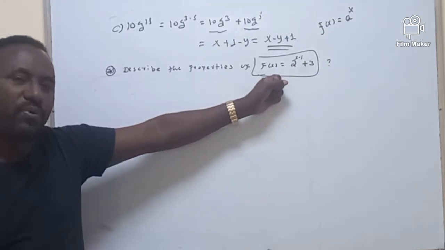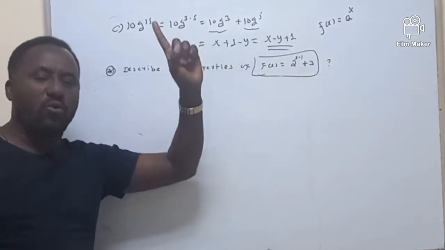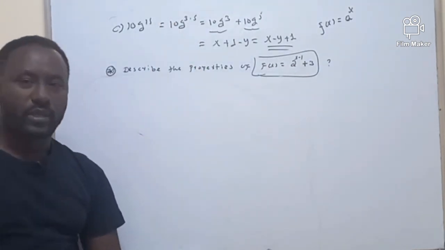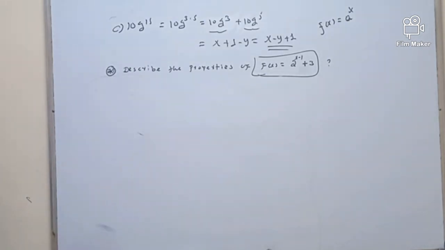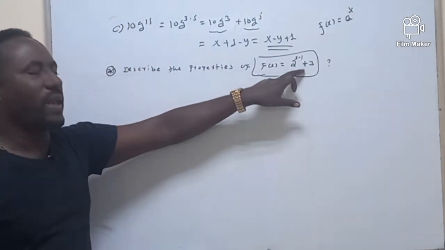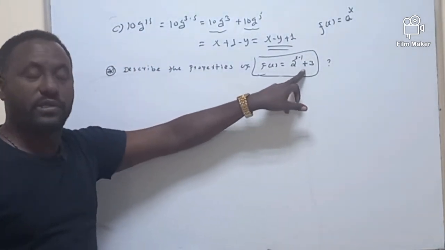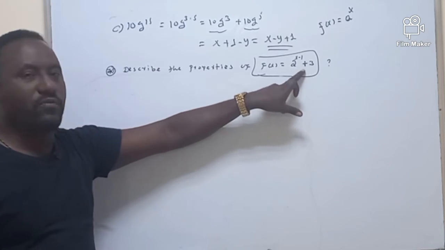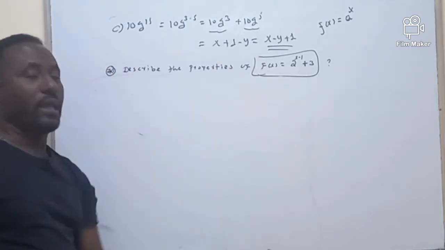Every exponential function always has a y-intercept, but the x-intercept may or may not exist. If it is minus, it may; but if it is plus, every exponential function that can be reduced to this form has no x-intercept.